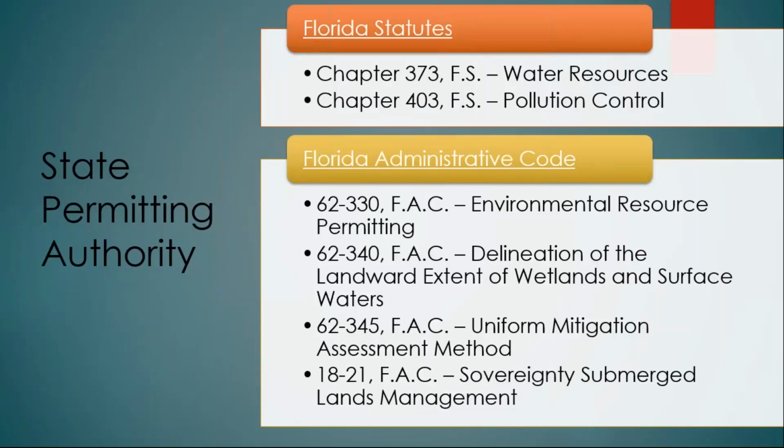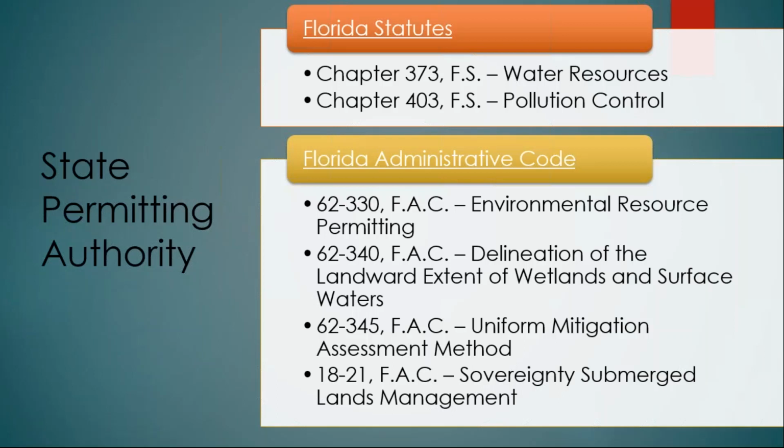On the state side of things, for the Florida Statutes, Chapter 373 talks about water resources, Chapter 403 talks about pollution control. And then further, we go into the Florida Administrative Code 62-330 for environmental resource permitting, 62-340 for the delineation of wetlands, 62-345 for the uniform mitigation assessment method.